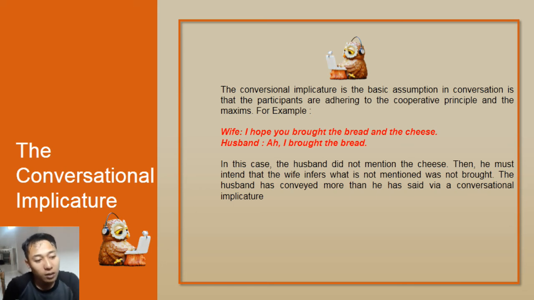In this case, the husband did not mention the cheese. Then he must intend that the wife infer that what is not mentioned was not bought. The husband has conveyed more than he has said via a conversational implicature.